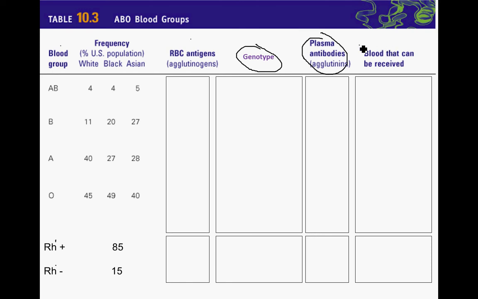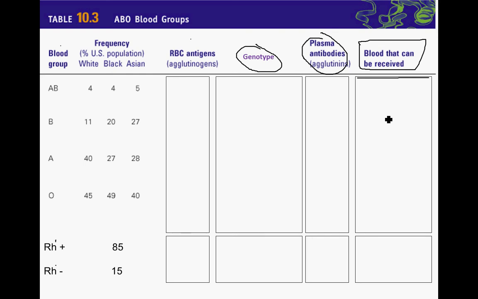And then as a way to sort of test yourself, which blood could you receive if you were blood type AB, if you were blood type B, right? And why? So this is asking you to understand that whole agglutination reaction and the combining and the mixing there. So if you can figure out this, this column right here, then you'll be able to figure out which one is the universal donor and which one is the universal recipient.